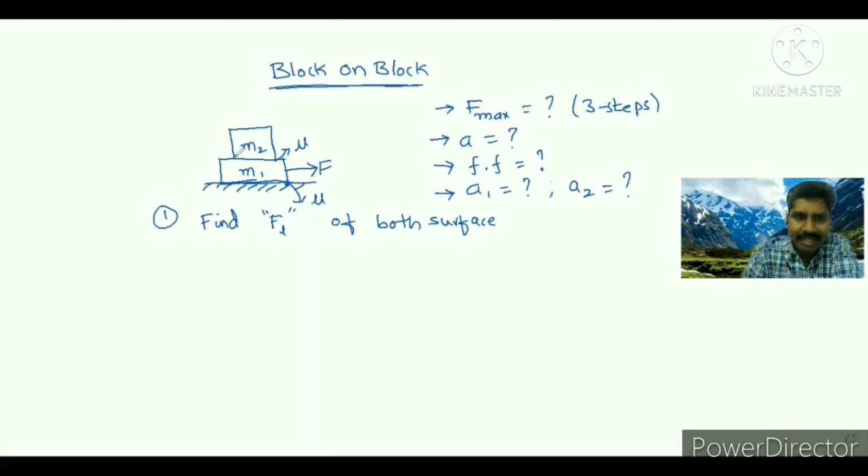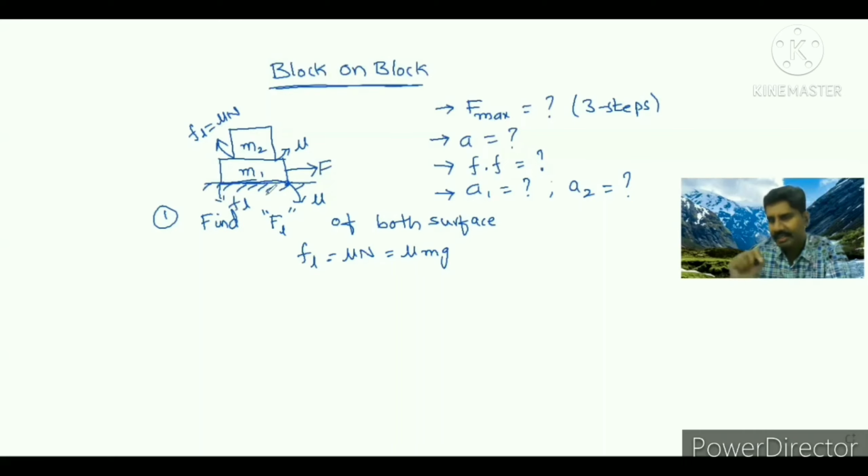I need to calculate the limiting friction here. What is the formula? FL is equal to mu into N, coefficient of friction into normal. Normal is equal to mg. Mass we know, g value is 10. You can get the FL value. This surface and this surface we need to calculate. That is the first step.